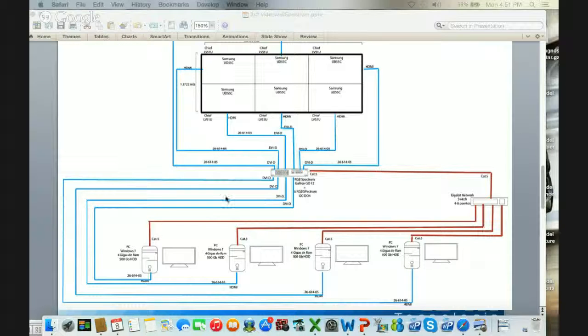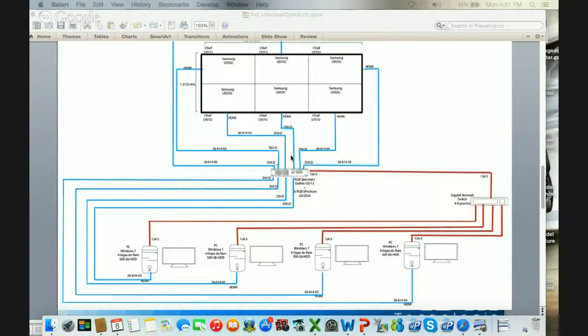In this case, we have just 4 inputs, and as this is a 3 by 2 video wall, we need just 6 outputs, 1, 2, 3, 4, 5, 6, one for each of the monitors. As the outputs come in groups of 4, we have chosen a 4 inputs and 4 outputs card, and a 0 inputs and 4 outputs card, to make a total of 4 inputs and 8 outputs.